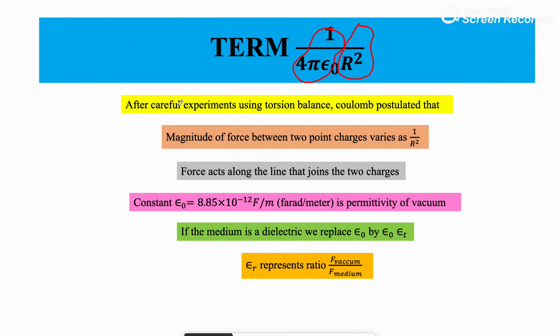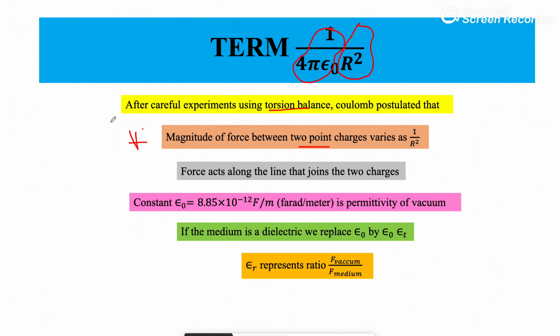So after careful experiments using a torsion balance, Coulomb postulated that the magnitude of force between two charges, that is F, is inversely proportional to distance square.